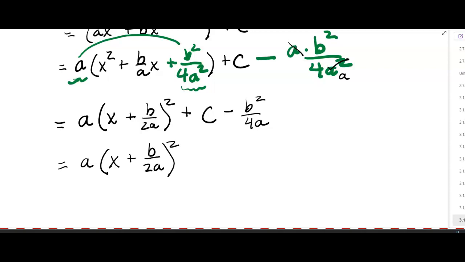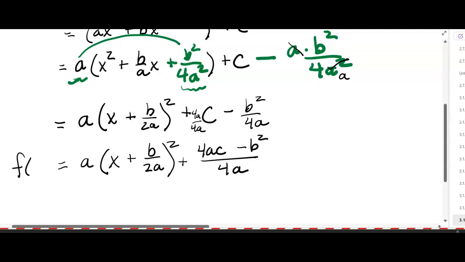And then if I get a common denominator by multiplying by 4a over 4a, I'm going to have plus (4ac − b²) over 4a. Okay, and then that is your general form put into the vertex form.